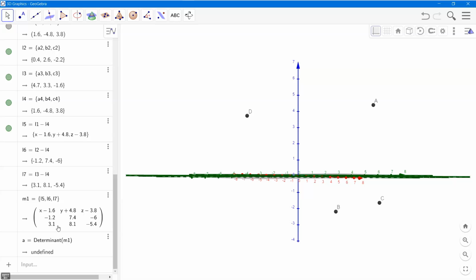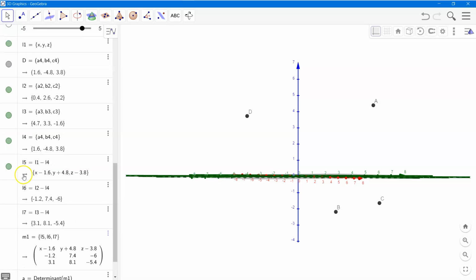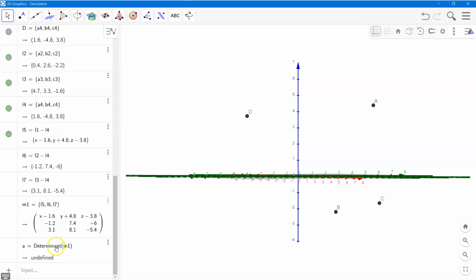This is how it looks: determinant of this equal to 0. The determinant equal to 0 will give us the equation, because it's only when the determinant is 0 that these 4 points will occupy 0 volume when we connect them. So this is what is called the equation of the plane passing through 3 points. Remember, one of the points we have taken as an arbitrary point, x, y, and z.